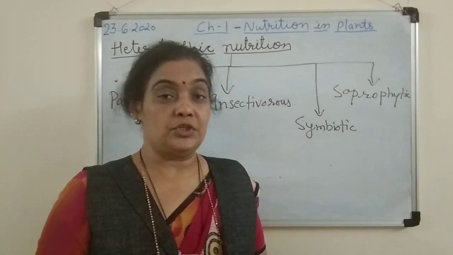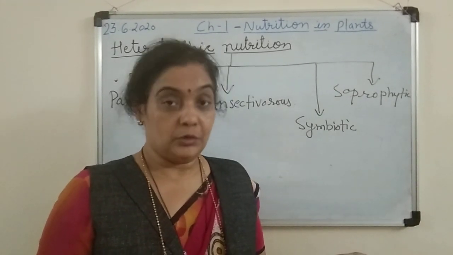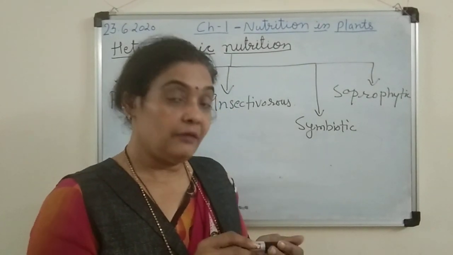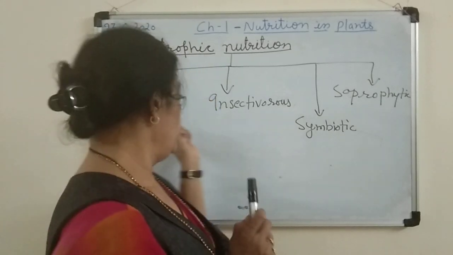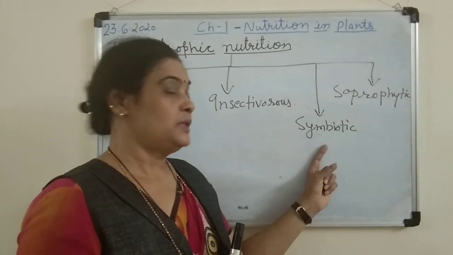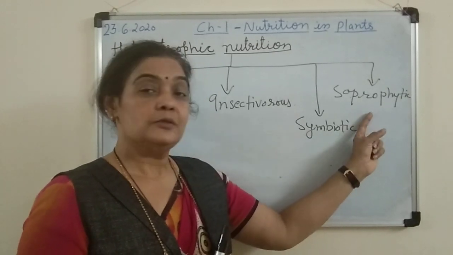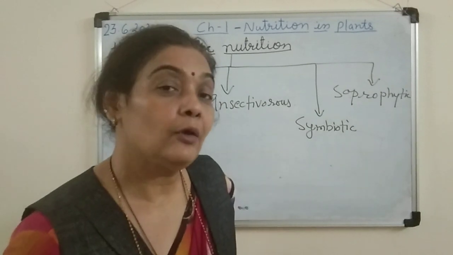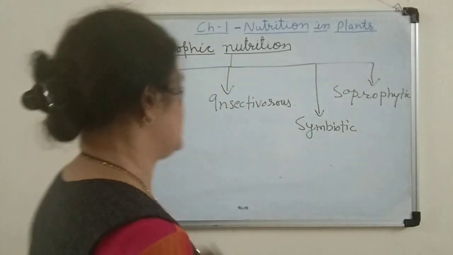They take nutrition from other sources. They cannot manufacture. So here we discuss one by one parasitic plants, insectivorous plants, symbiotic plants, and saprophytic plants. So in all there are 4 types of heterotrophic plants.